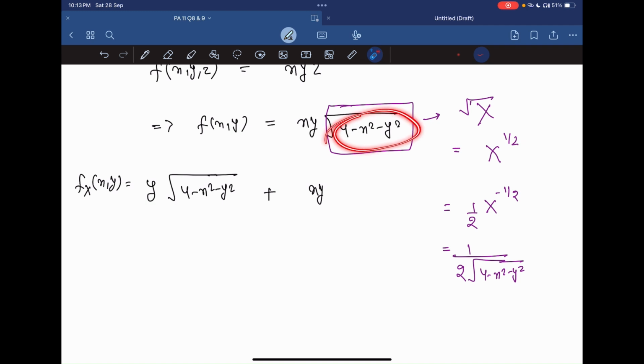So this inside here is 4 minus x square minus y square. The derivative of this with respect to x is negative 2x. This 2 and 2 will cancel out, and what we will be left with is this.